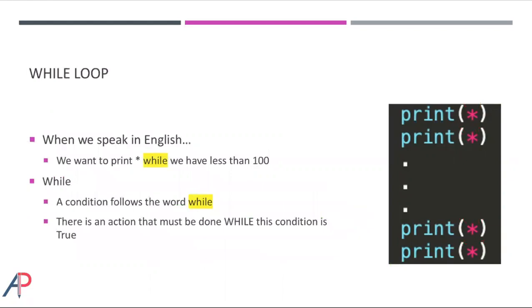The first loop that we're going to be talking about is a while loop. Hold on a second, I'm just going to add in the quotation marks here, because this is bad with all the quotations. So for the while loop, when we speak in English, if I tell you to print out the number of asterisks, you would say we want to print the asterisk while we have less than 100 printed.